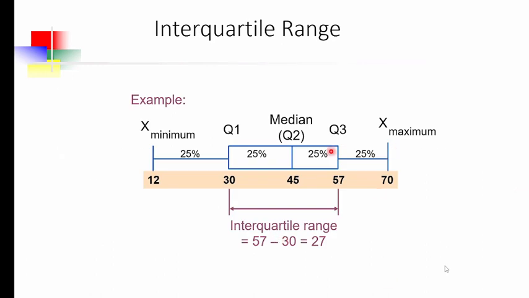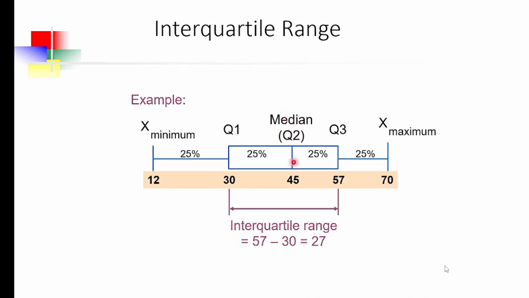So this is the diagram representation of the quartiles. The minimum value is 12, right? We are taking only 5 observations: 12, 30, 45, 57, and 70. Minimum is 12, maximum is 70, right? Then the first quartile is 30, that is 25% and 75%.